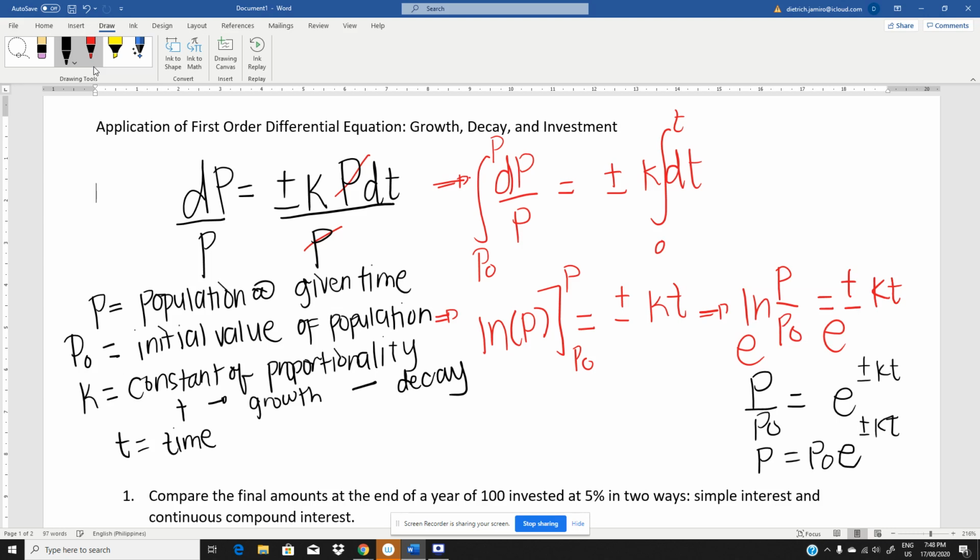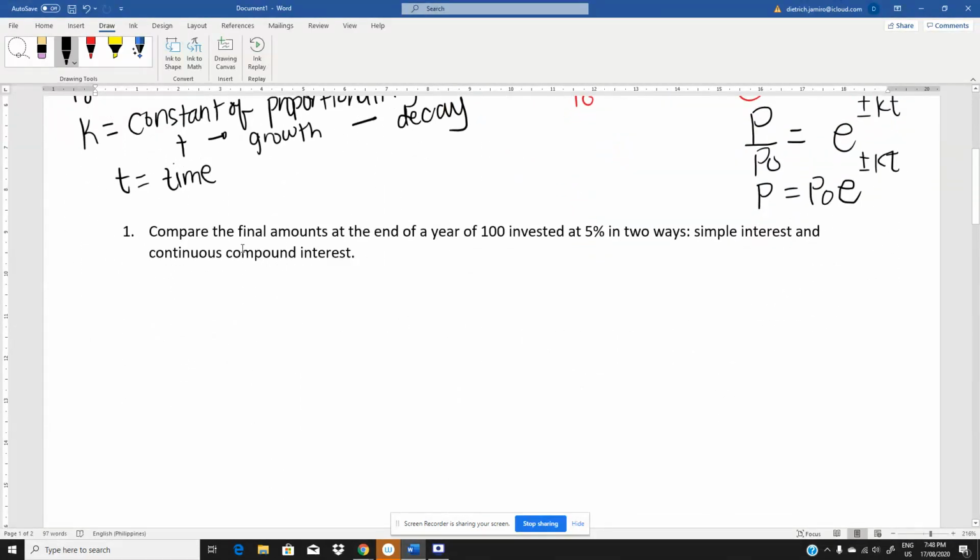So to see this, let's try example number 1. Compare the final amounts at the end of a year of $100 invested at 5% in two ways: simple interest and continuous compound interest. First, I'll write our givens.